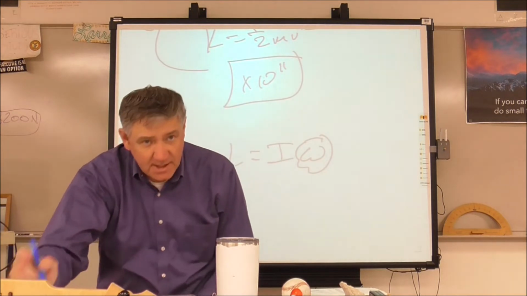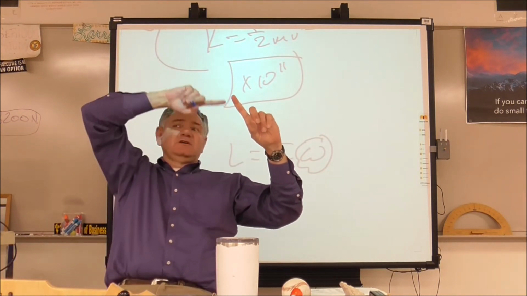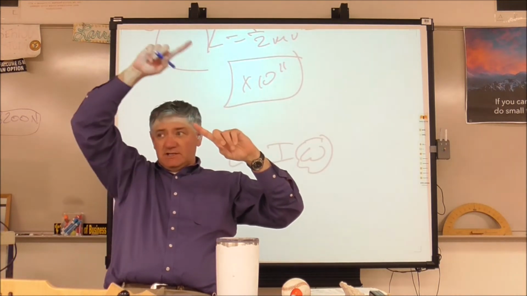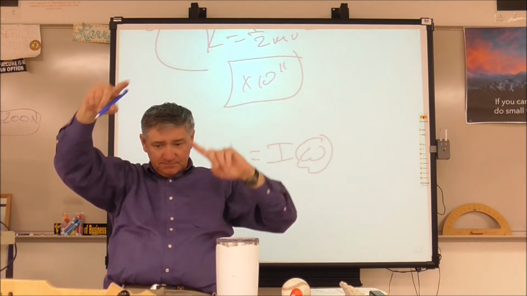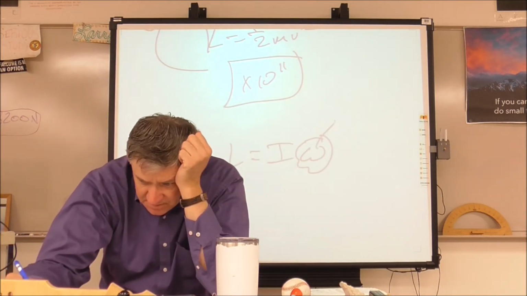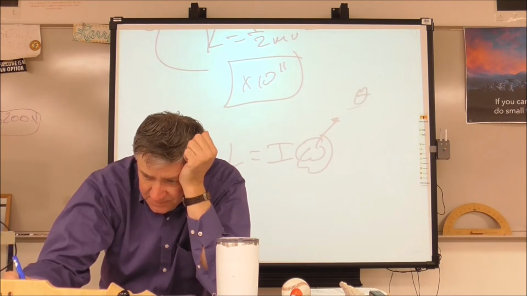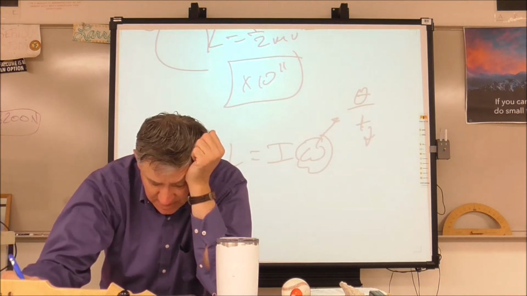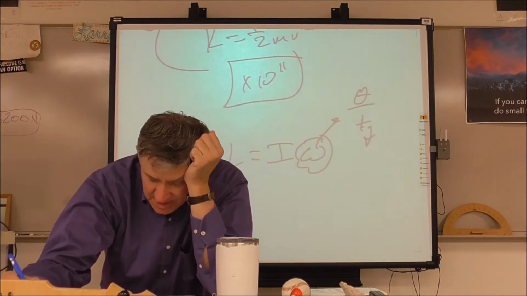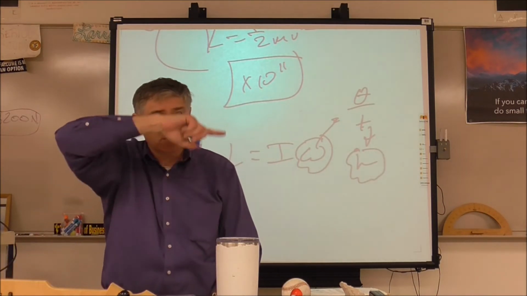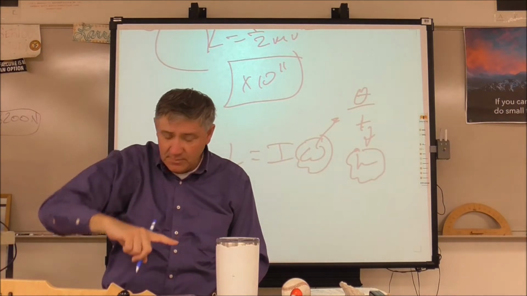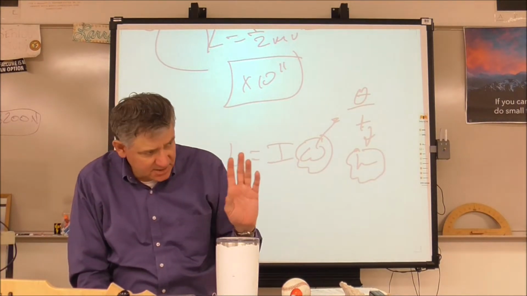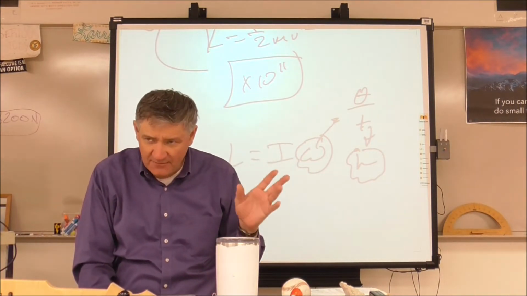This is the omega in terms of how fast it's going in radians per second as it goes around the Earth. So you're going to take theta divided by time, but that time is going to be your answer to H, because that's how long it's going to take for one orbital period. So your answer to H is going to be around 5,000 seconds.